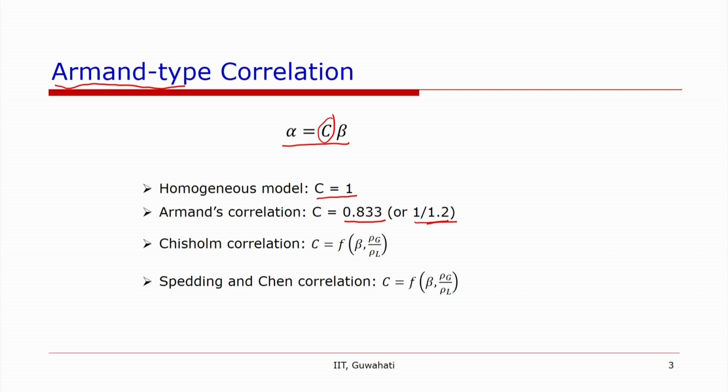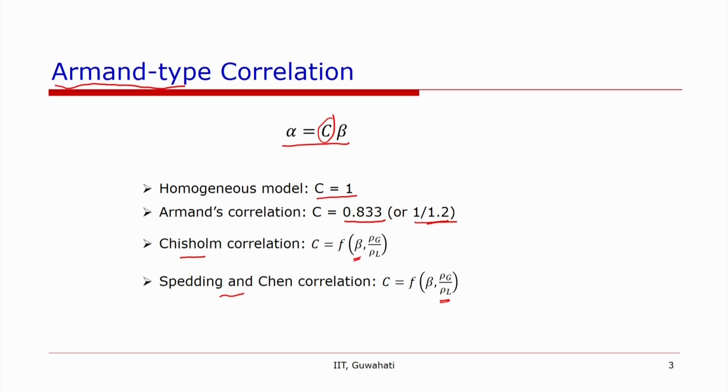So this is just saying, say for example for slug flow, that the Taylor bubble moves 1.2 times faster than the average velocity. Now another two correlations that have been listed here by Chisholm and Spading and Chen, they also use C, but C is not a constant, but C is a function of beta and the density ratio of the two phases.